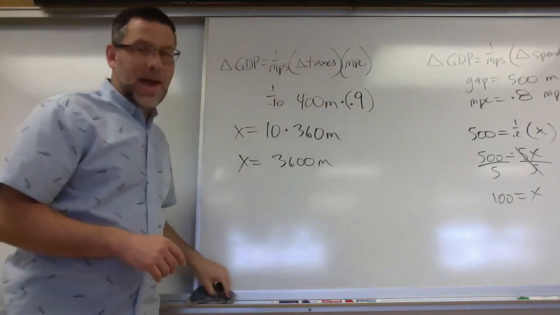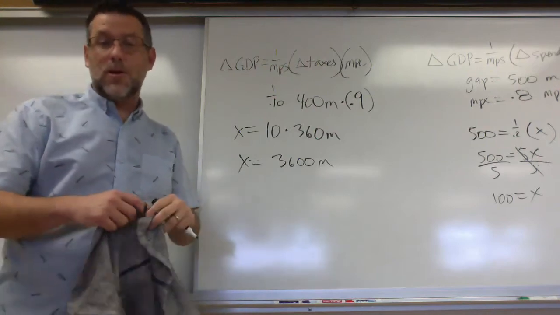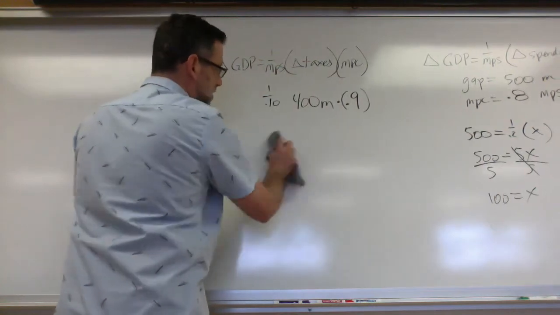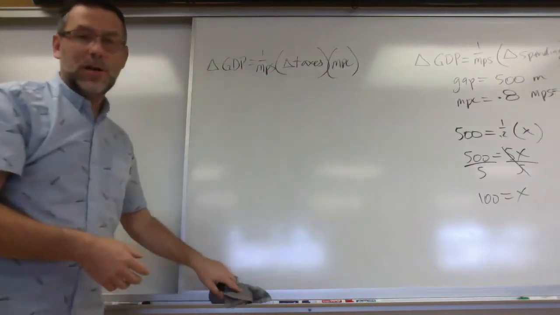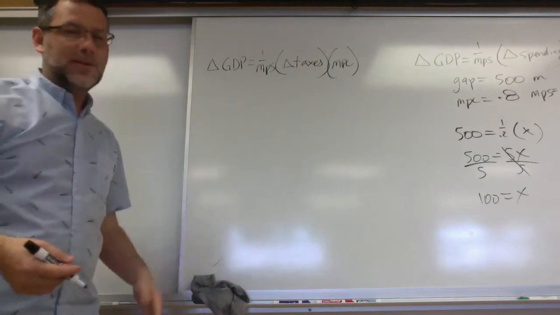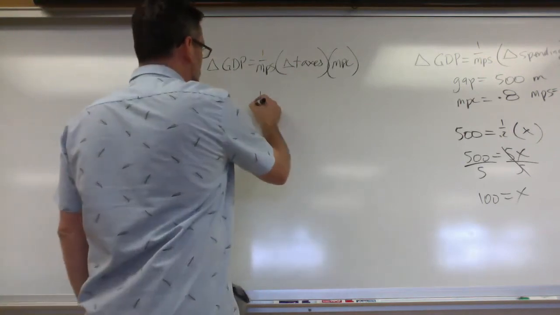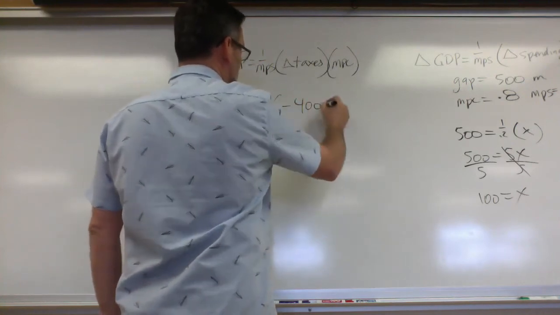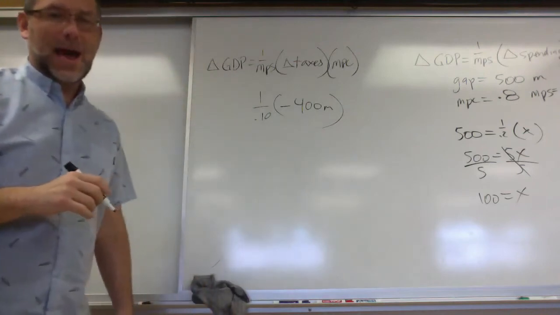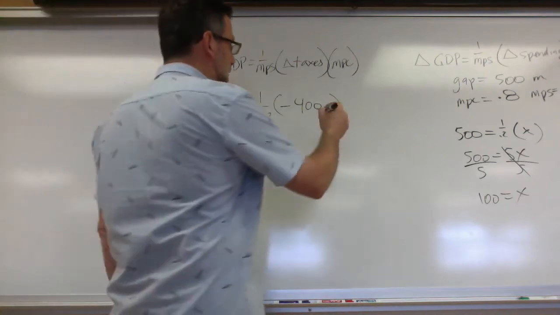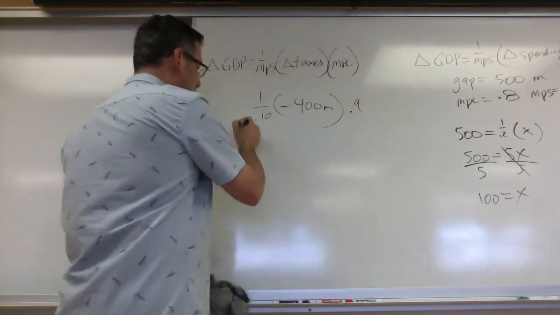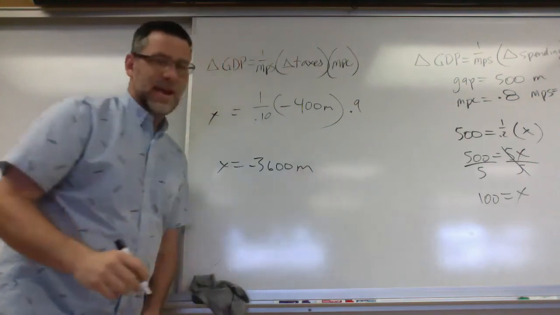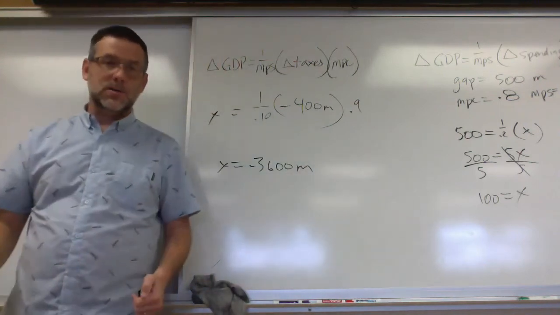Now, if we have a decrease in government spending, or in this case, if we have an increase in taxes, then it's just going to go the other way. You can use a negative if you want, you don't have to. So for instance, with a tax increase, you could do 1 over 0.10 times a negative 400 million, because that's money that's coming out of people's pockets, times the 0.9, and you get X equals negative $3.6 billion.